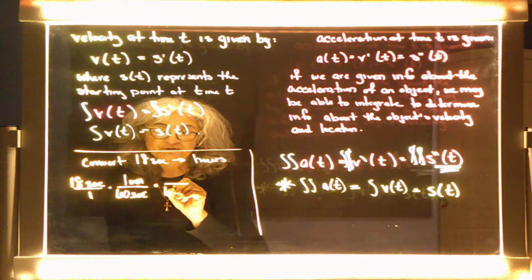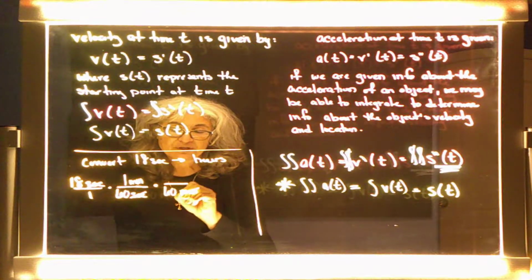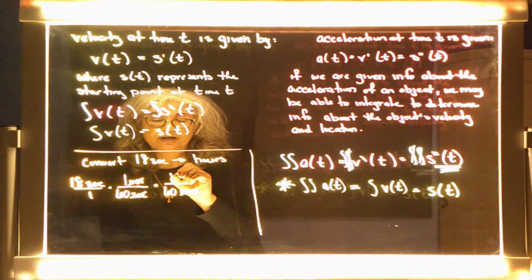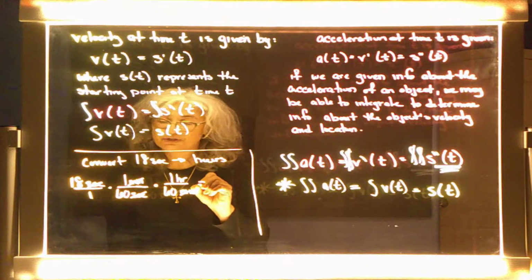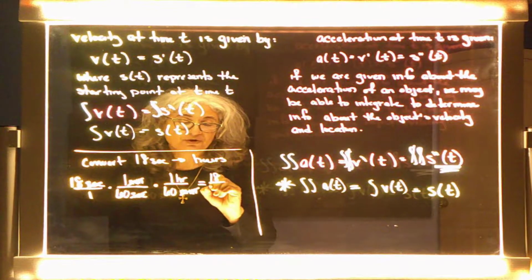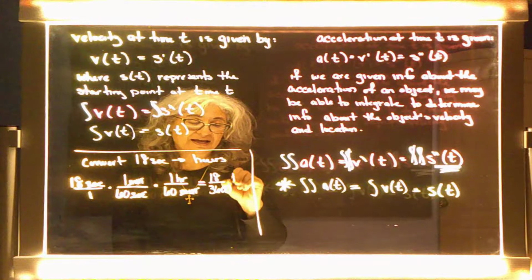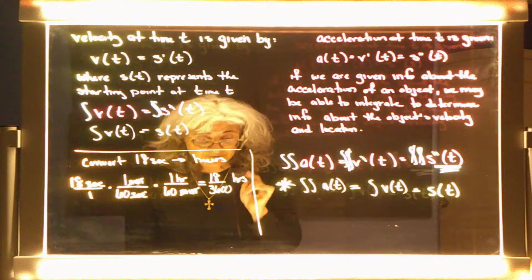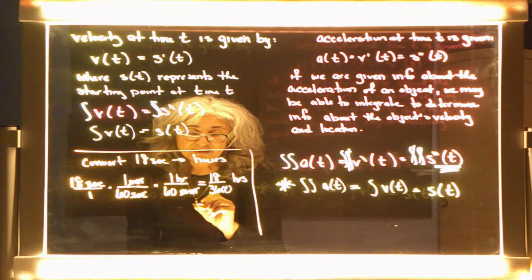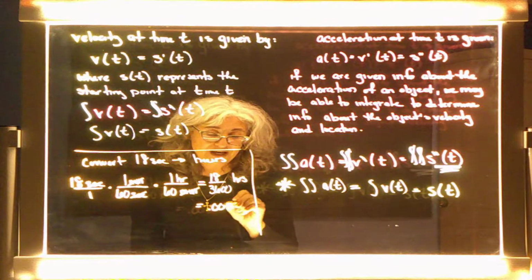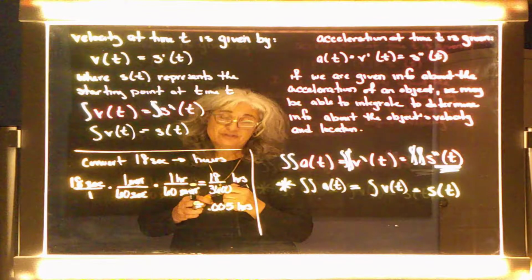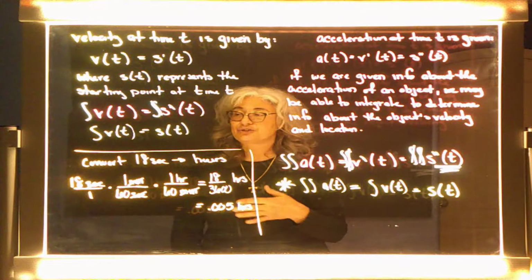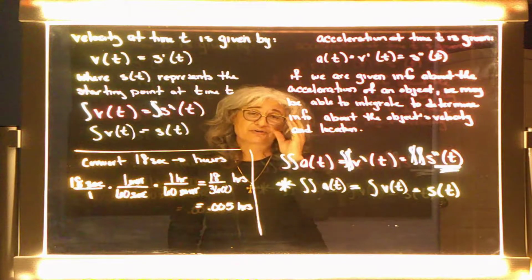Yes, at the bottom of fraction number 3, so you can cancel the minutes on the top of fraction 2, and 1 hour at the top, which leaves you 18 over 3,600 hours, which when you get your calculator out and do the division, you end up with 0.005 hours. So that's not a whole lot of hours, is it? That's 5,000ths of an hour that it took this guy to go from 0 to 50 miles per hour.